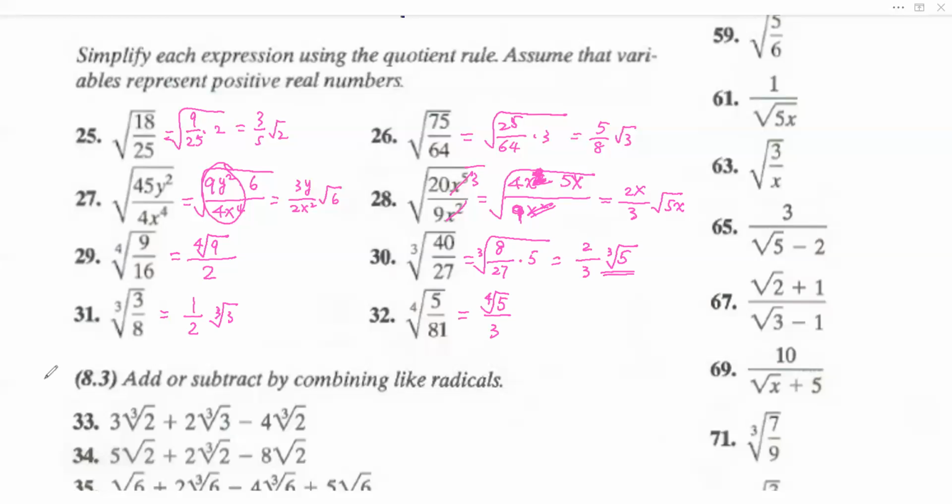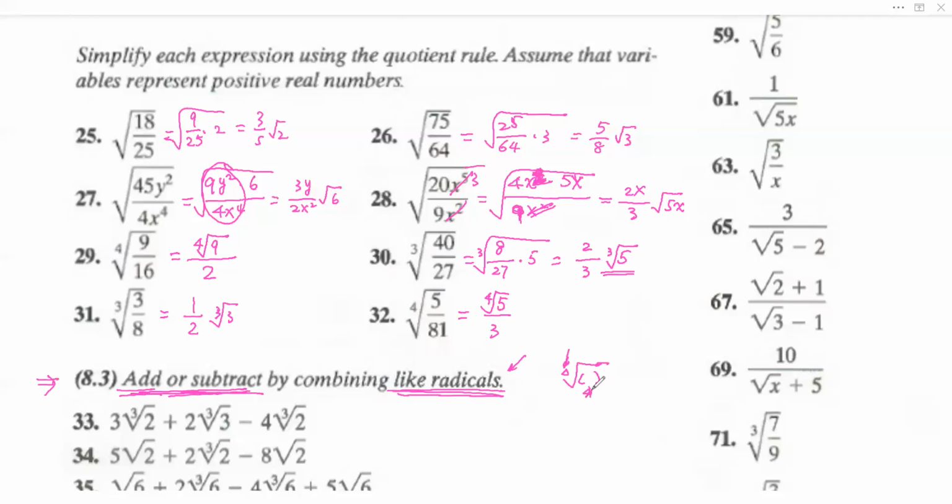Okay, let's go on to adding and subtracting: combine like radicals. So we need to identify like radicals. How do I identify them? First, the root should be the same, and the inside should be exactly the same.